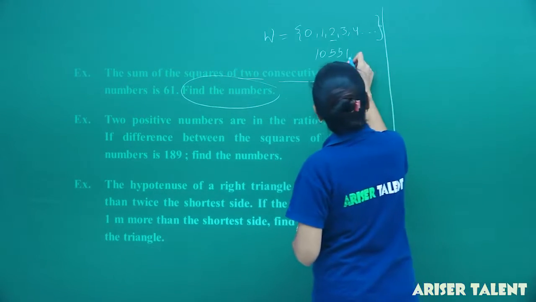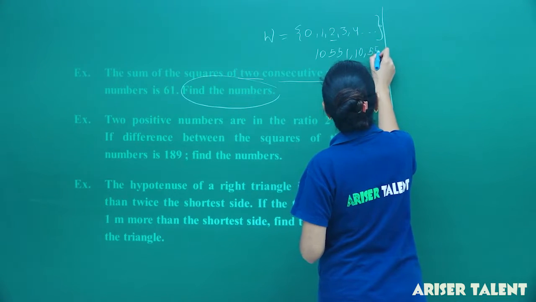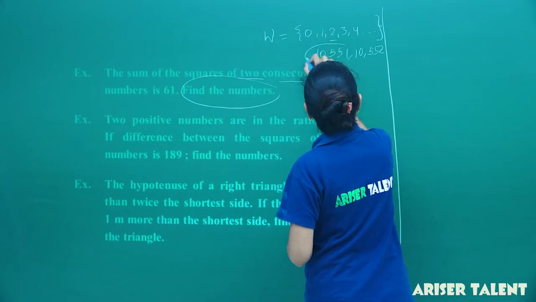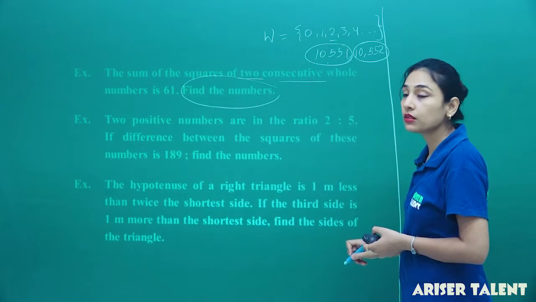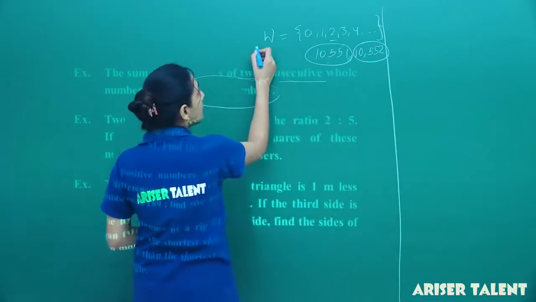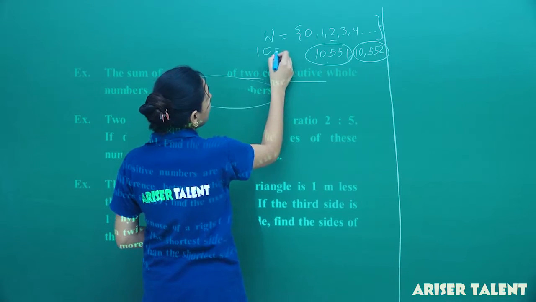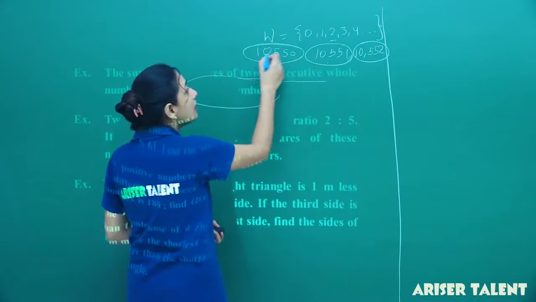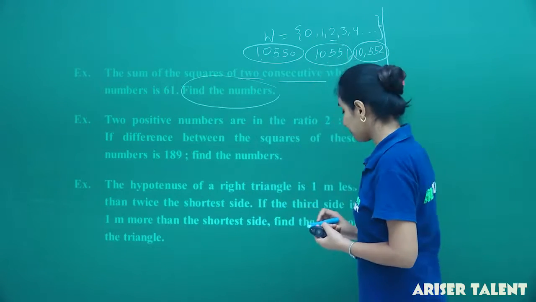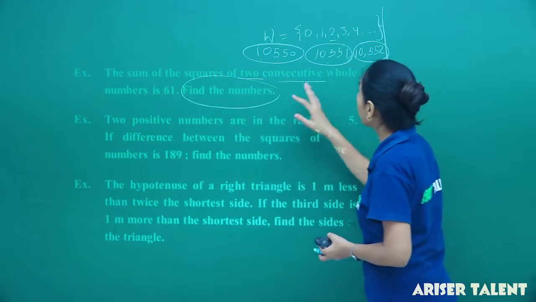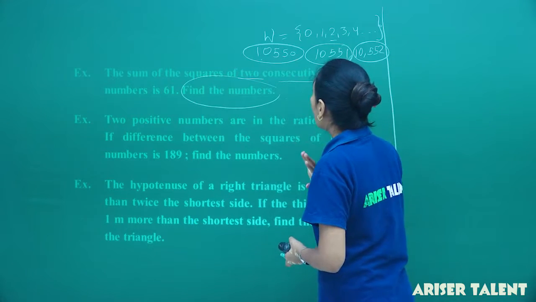So next to it will be 10,552. So this is one number and this is the second number. These two numbers are consecutive numbers. If I write here a number 10,550, these are three consecutive whole numbers. Okay, so now you understand what consecutive numbers and whole numbers are.